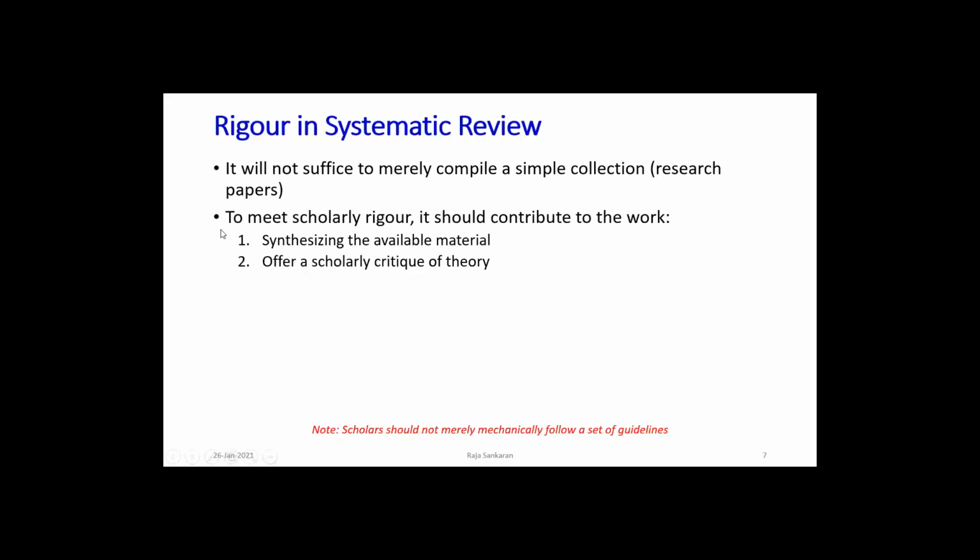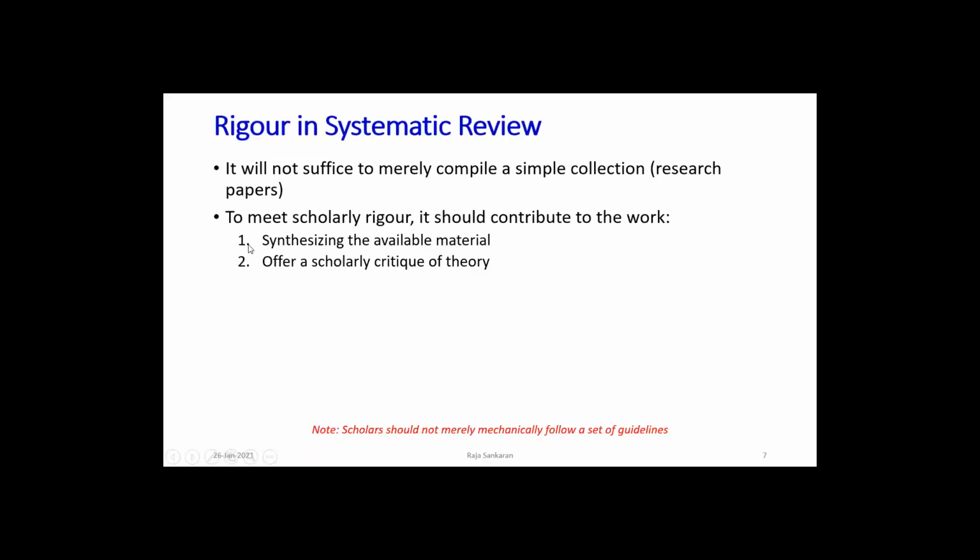So in order to ensure that a scholar meets these rigor criteria, there are two key things. One is about synthesizing the available material. I am sure that you all are familiar with what synthesizing is all about. Whenever you write a literature review, you need to look into synthesizing, not simply repeating what somebody has done, not simply rephrasing those, but synthesizing various literatures.